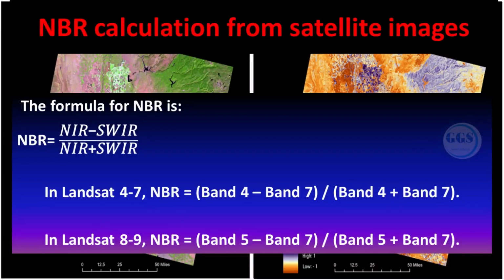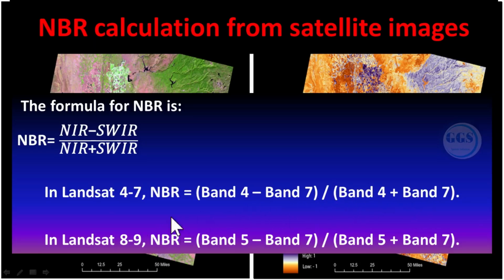Now, in calculating the normalized burn ratio index from satellite image, the formula generally used is: normalized burn ratio is equal to near infrared minus shortwave infrared, all over near infrared plus shortwave infrared. And if you are using Landsat, for example, in Landsat 4 to 7, the normalized burn ratio is calculated as band 4 minus band 7, all divided by band 4 plus band 7.